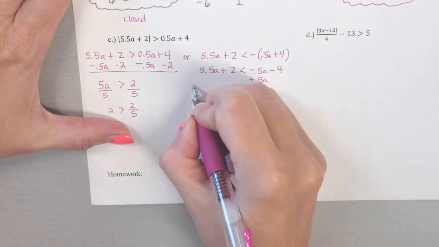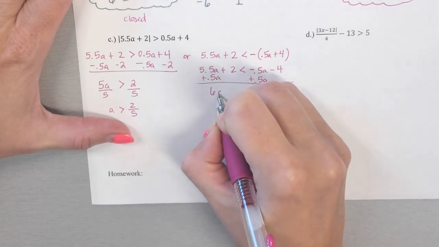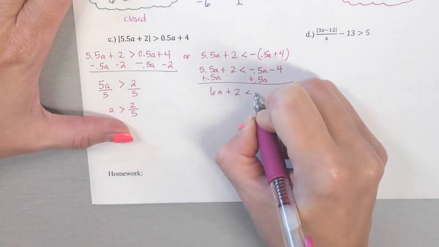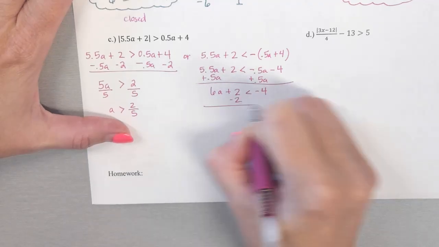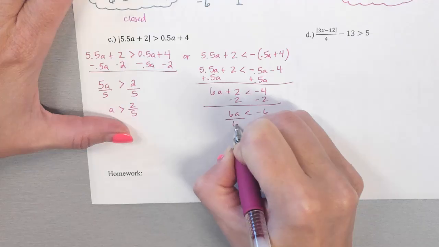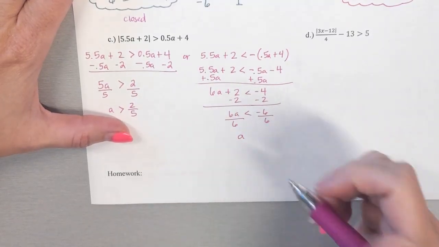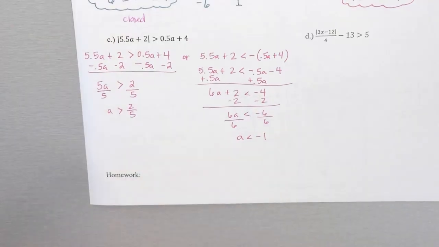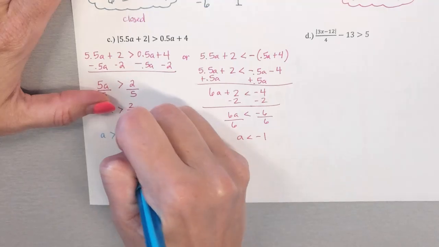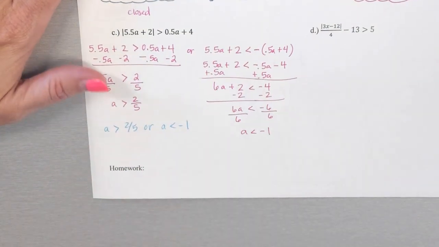Because you're adding a half to 5.5, so we're getting 6. I guess I could have done that at the same time. It's too late, I already wrote it. So you have 6A is less than negative 6. Do you flip the sign for this one? No, because you're dividing by a positive. So your final answer is A is greater than 2/5, or A is less than negative 1.